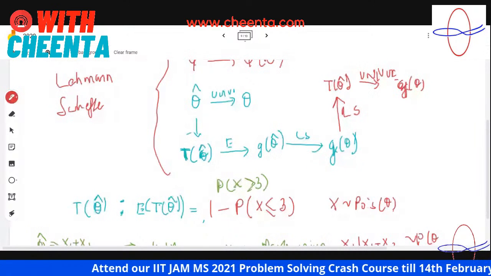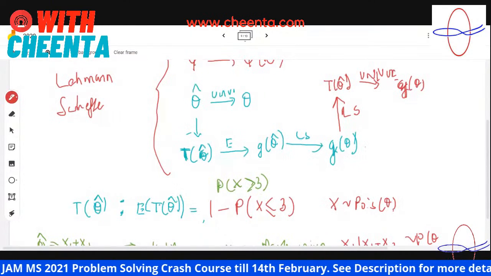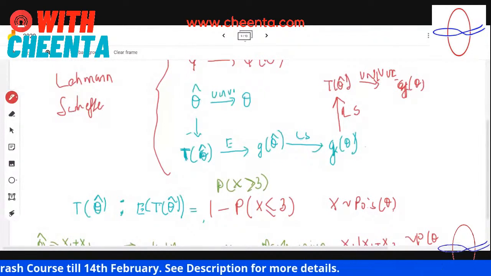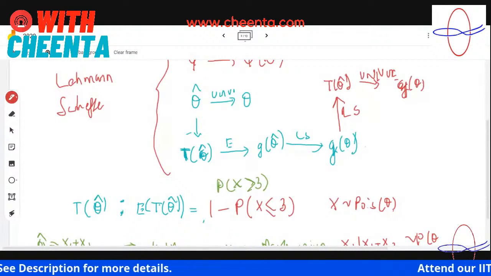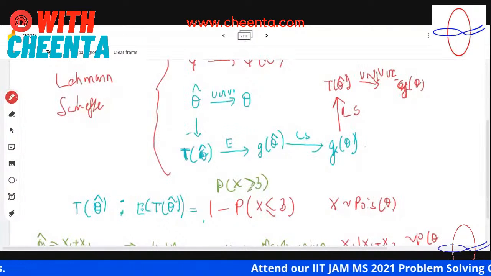So the conditional distribution of Poisson given the Poisson sum is binomial half. I will show you. Yeah, so it's binomial, right?